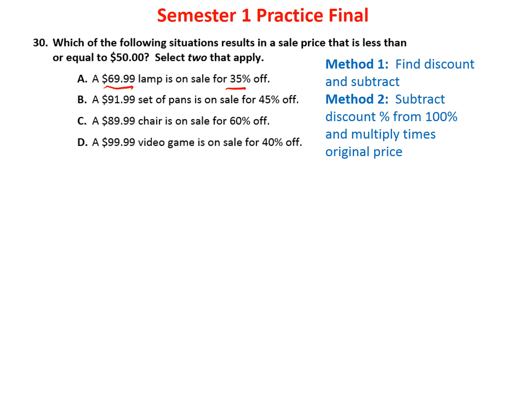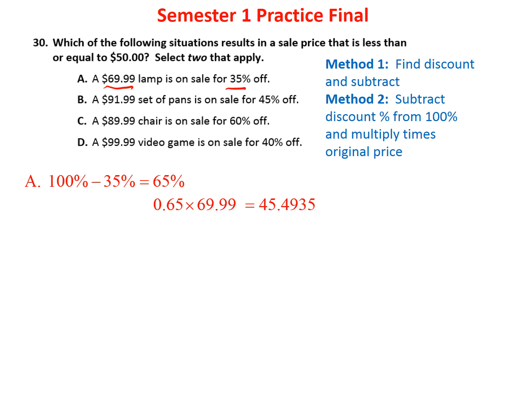Both ways work. The second way sometimes is easier because it doesn't require as much math. So, for example, in the first one, if I'm getting 35% off, that means I'm paying 65% of the cost. So now I just have to do 65% or 65 hundredths times $69.99.